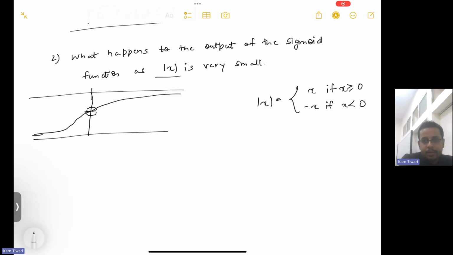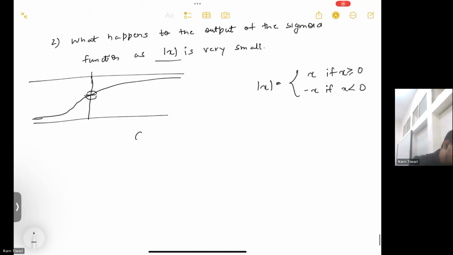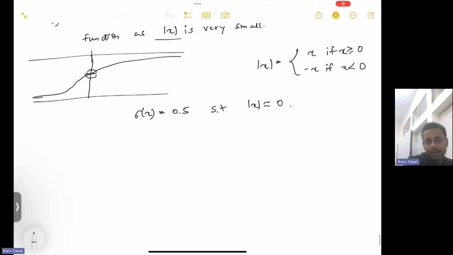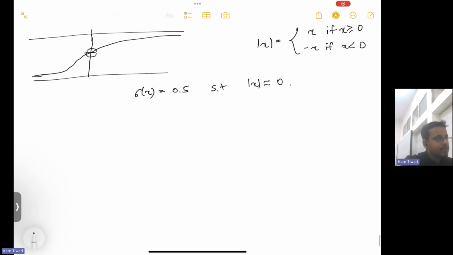You got the logic of what I'm telling. So the sigmoid function behavior around 0: the output sigma x is equal to 0.5 when mod of x is very close to 0. So that was the nearby behavior, and that was the second question.